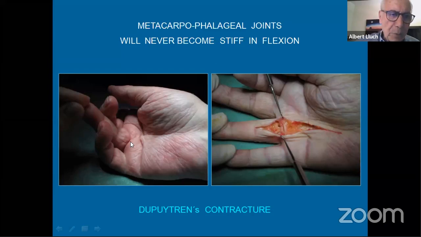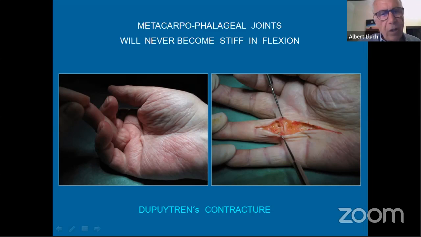You might have a Dupuytren contracture, like in this finger. I'm trying to straighten the finger, and I cannot straighten it because there is a retraction of the palmar fascia. And here you will never have to do any surgery on the MP joint, regardless of how long the joint has been in flexion.